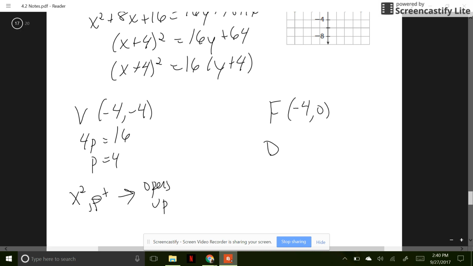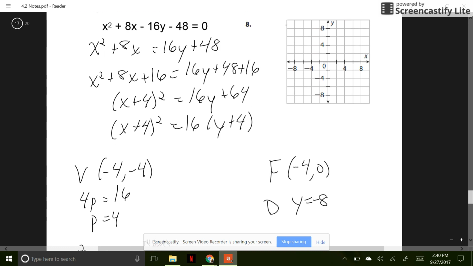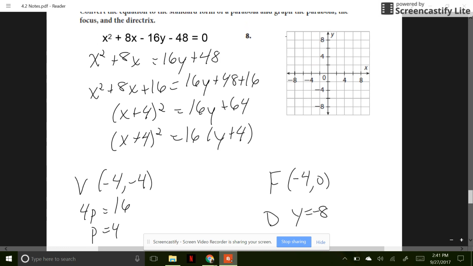Our directrix is going to be down 4 terms, so it's going to be the line y equals -8. So our vertex is at -4, -4. Focus is at -4, 0, and the directrix is that line there at -8.